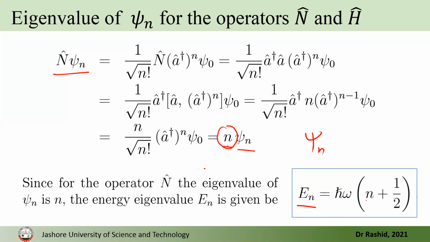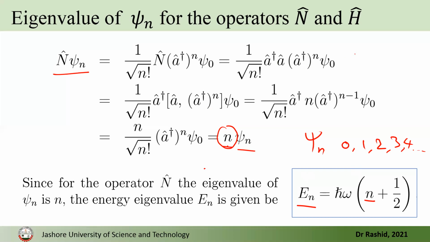Now you can see that n can be 0, 1, 2, 3, 4, etc., integers. Therefore, it has no negative energy, and the energy is also quantized. So this is also important. For the classical harmonic oscillator, the energy can have any value, but for the quantum harmonic oscillator, the energy is quantized.